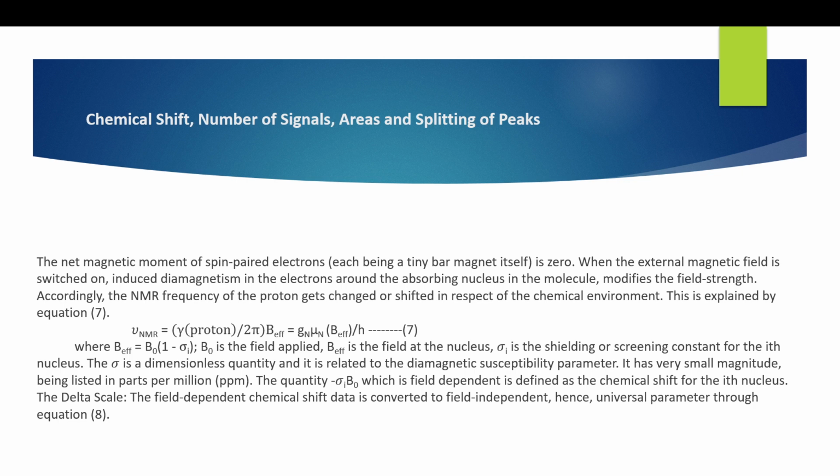Correctly speaking, chemical shift is defined as -σi B0, where σi refers to the shielding constant of the i-th nucleus and B0 refers to the applied field. This σ, the shielding constant, has a very small magnitude, but even this much causes all the importance.